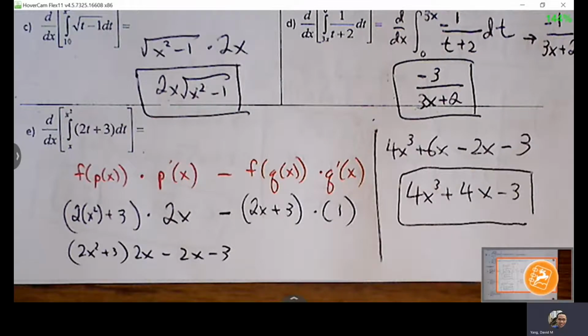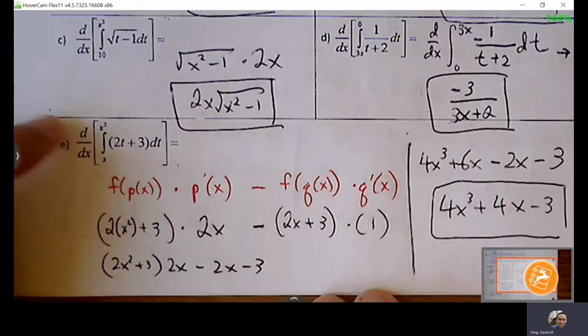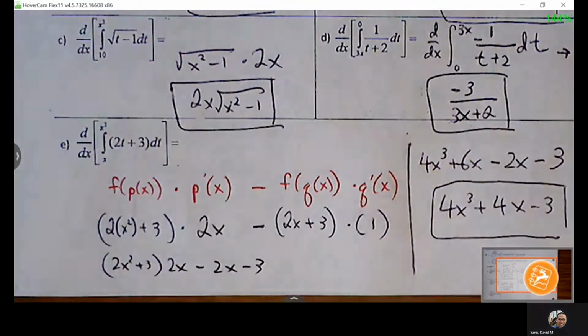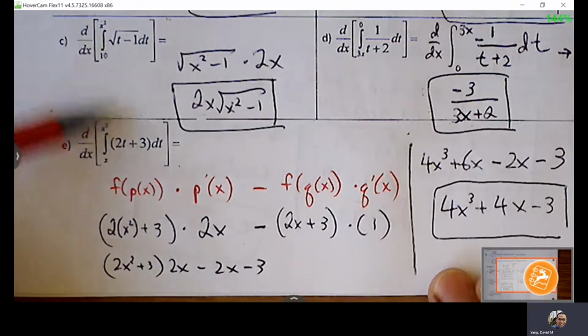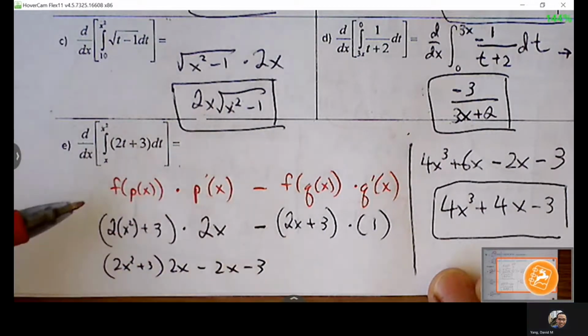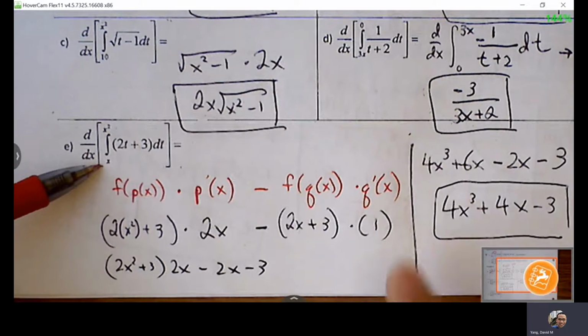Yeah. Okay, how do we get the derivative? So the derivative, you see that x squared? What's the derivative of x squared? 2x. And then q prime is the derivative of x, which is 1.